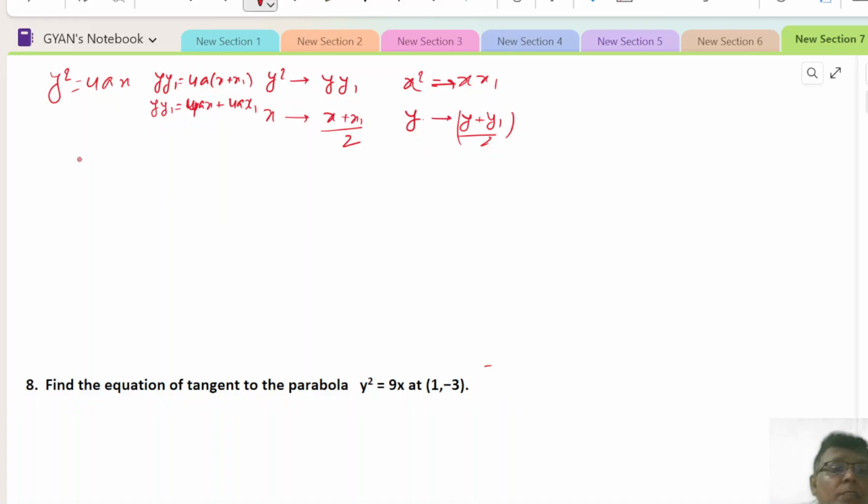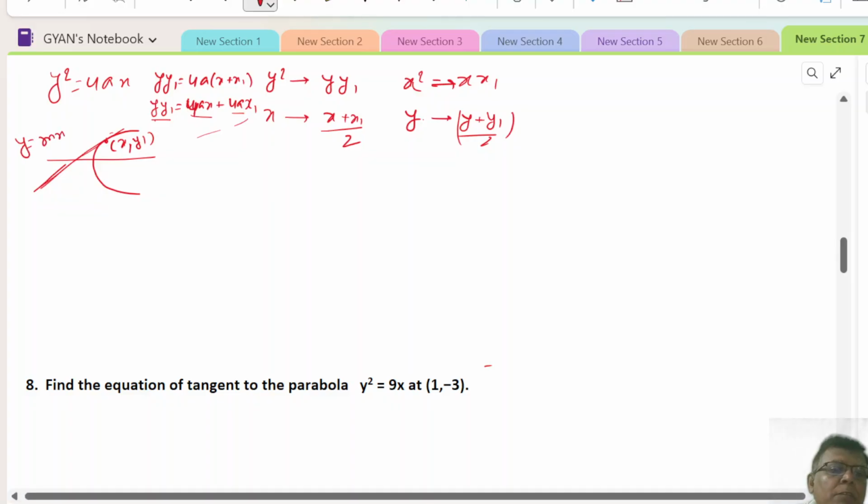Now suppose this is the parabola and here a tangent is drawn from the point x1, y1. So if you replace y square by y y1 and so on, then you will get this tangent. Suppose some general line is there, that is y is equal to mx plus c.